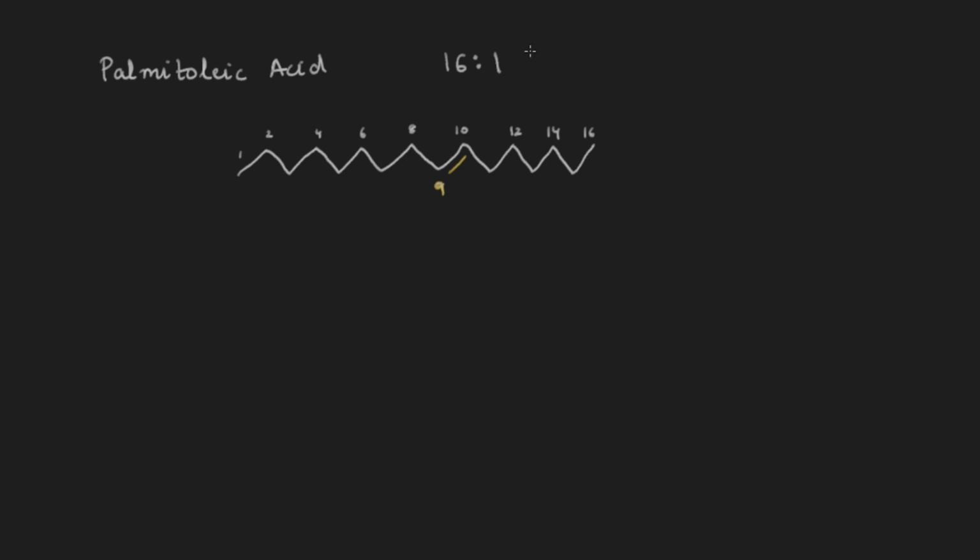So how do we denote that there is unsaturation present at this particular carbon number? We'll denote it by using this. What this whole formula is telling us is that there are 16 carbons. There is one double bond, and this double bond is present at the 9th position. So this is palmitoleic acid.